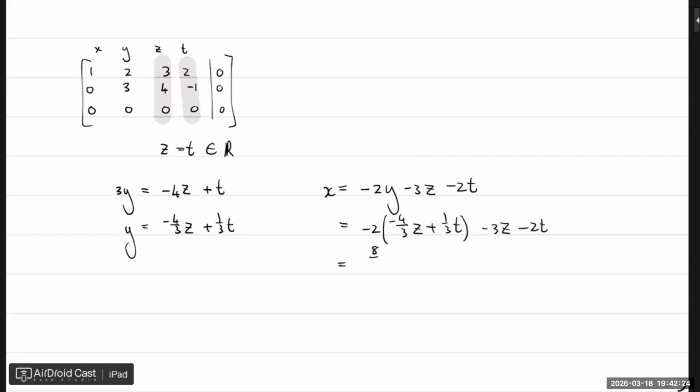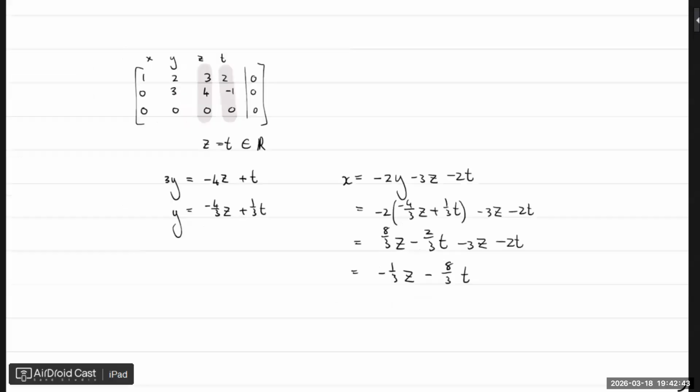So we have 8 over 3 z minus 2 over 3 t minus 3z minus 2t. So we have negative a third z, and then negative 8 over 3 t.